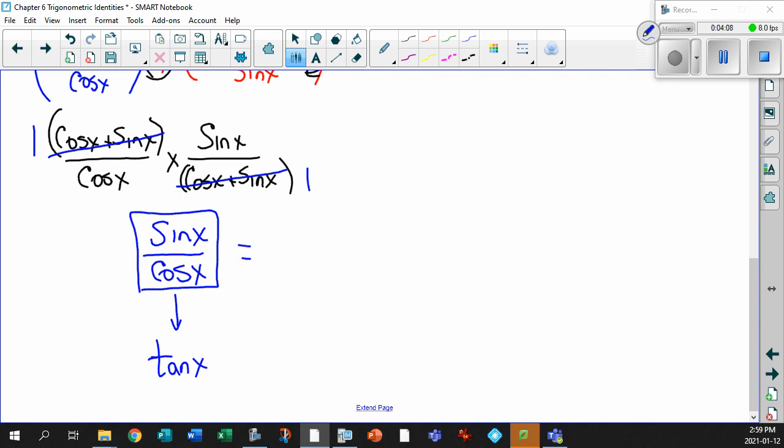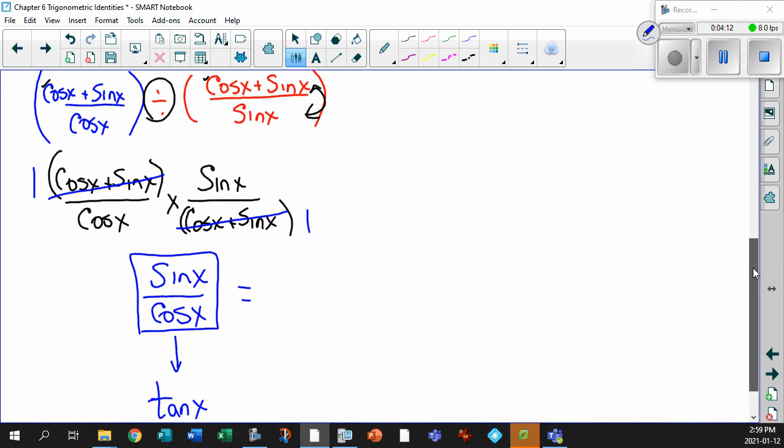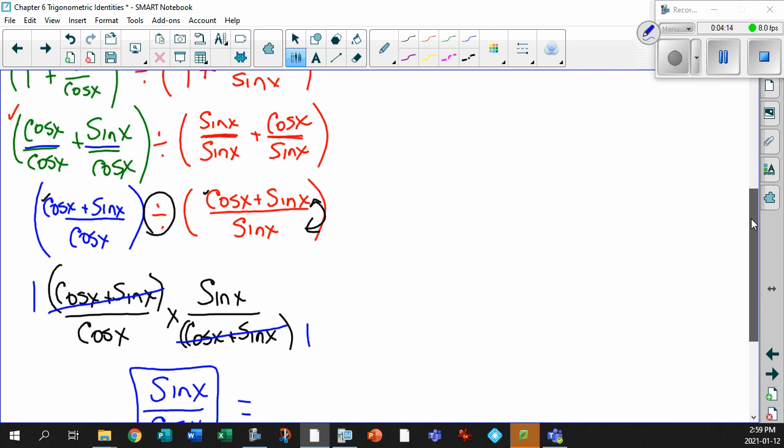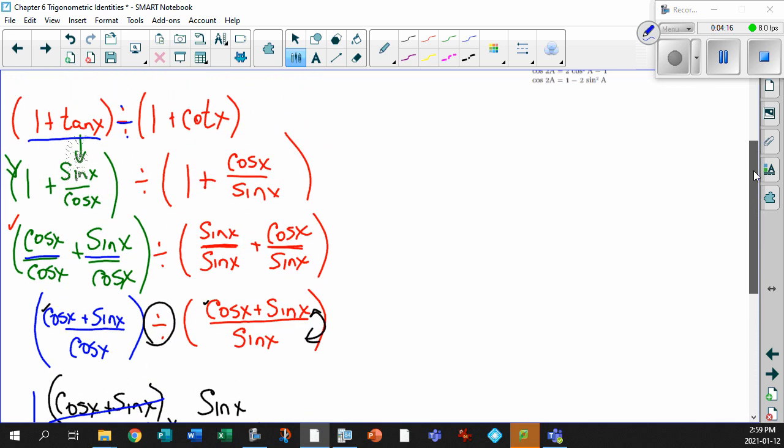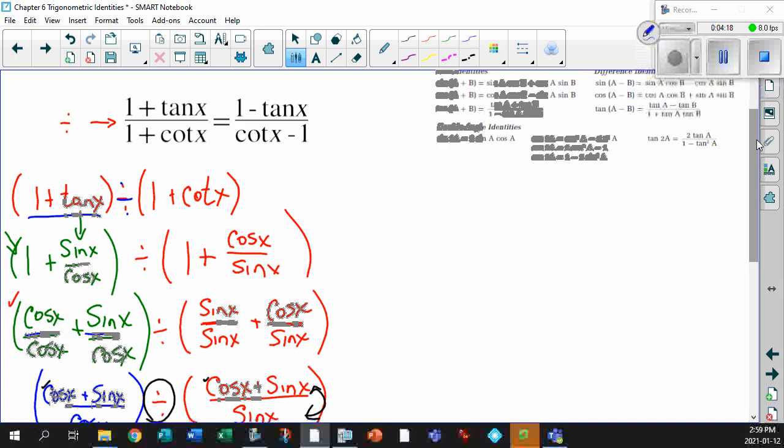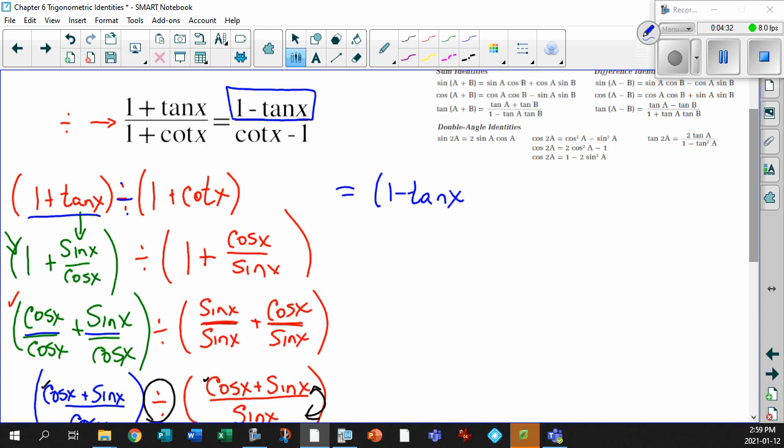Now, does that equal my right-hand side? Let's go find out. It's got to be sine x over cos x, and my right-hand side is, darn it. That means I got to do some work. Well, so what? Let's go. You know that this right here, just like we did the last one, is 1 minus tan x, right?